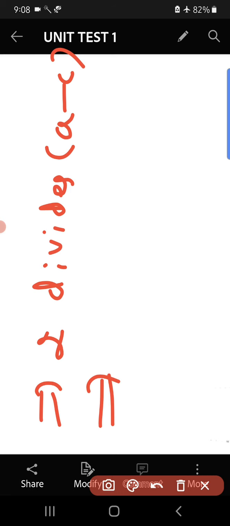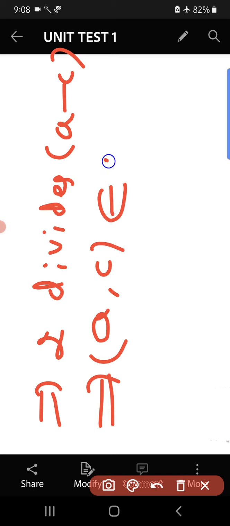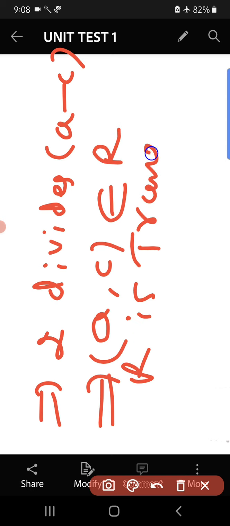implies 2 divides A minus C, which according to the given problem means AC belongs to R. Therefore, R is transitive. Here it obeys all the properties. It satisfies all.